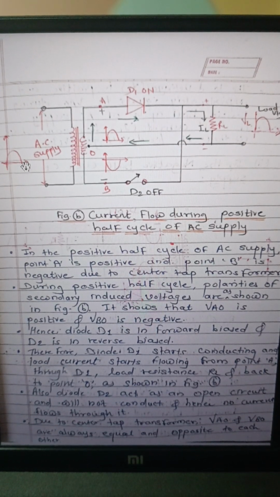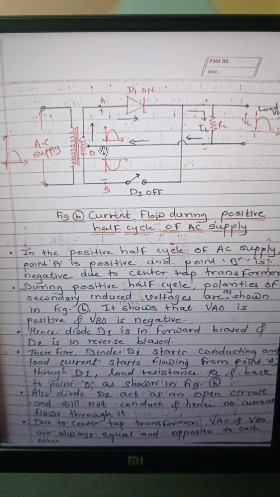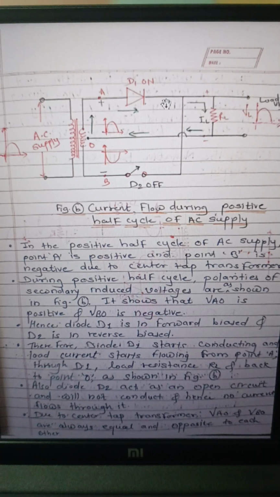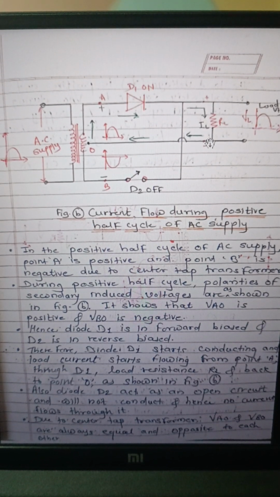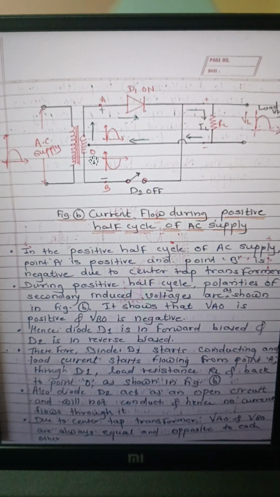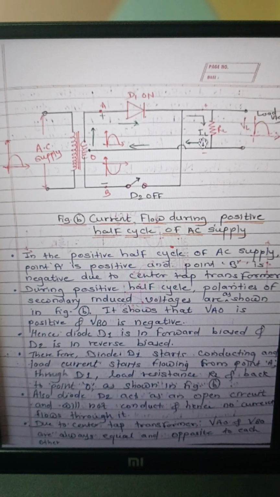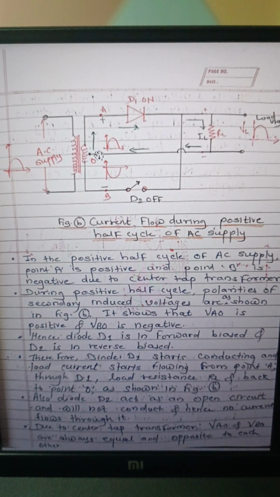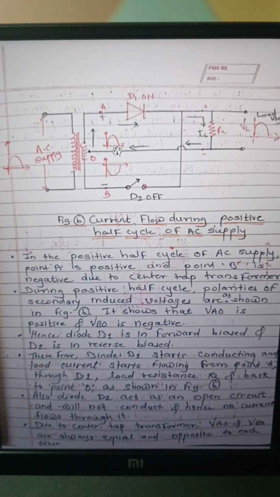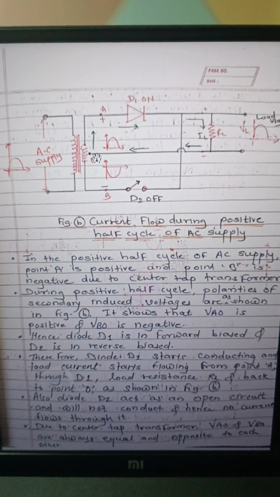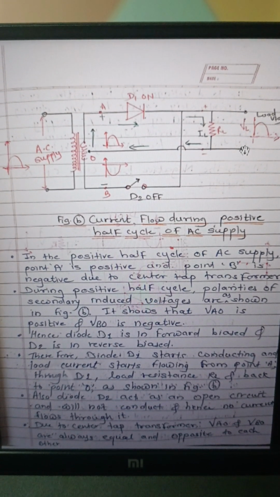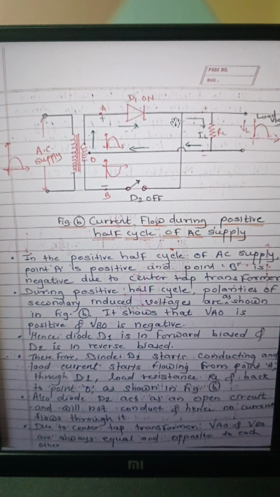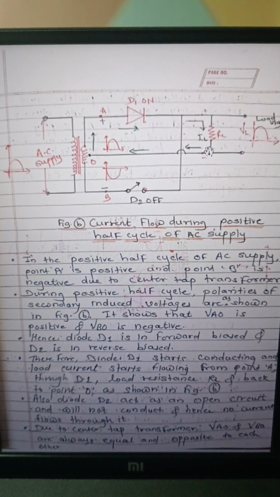So during the first positive half cycle, VAO is positive, so current flows from point A, diode D1, then resistor RL, and then back to O. So current flows through this closed circuit, through A, D1, RL and O. So across RL, whatever the voltage across VAO, we will get at the output side, that is positive, and the direction of current flow is the same.